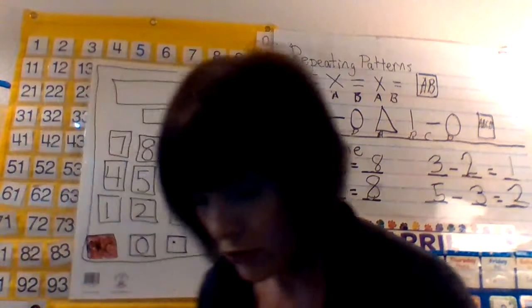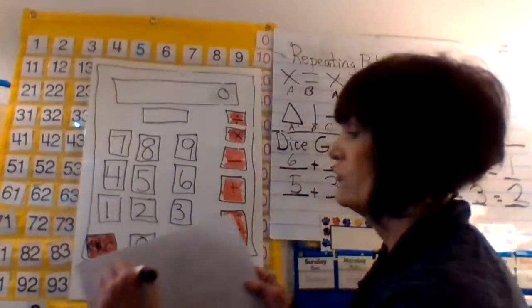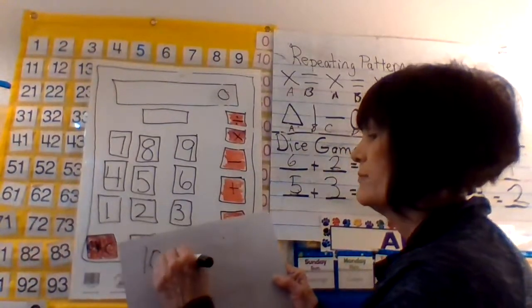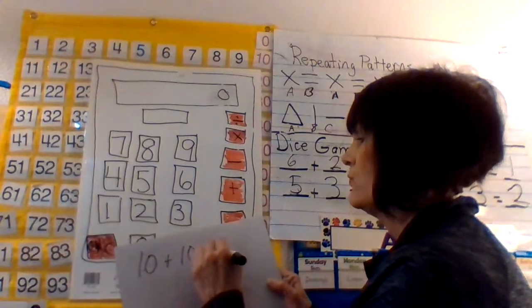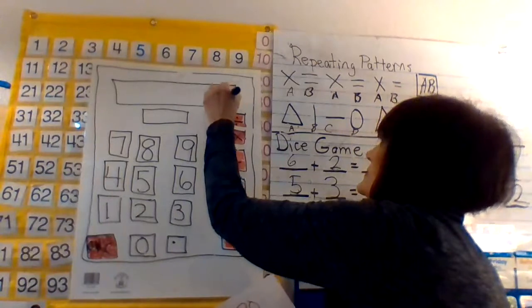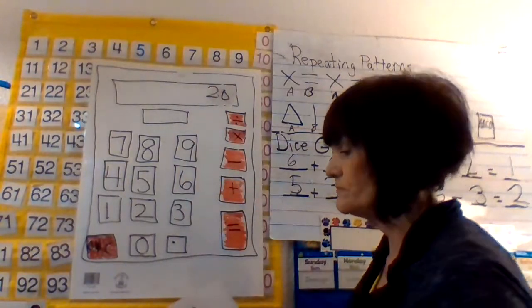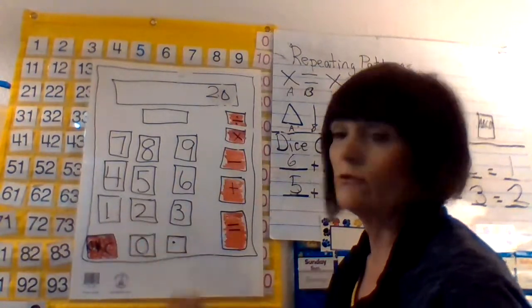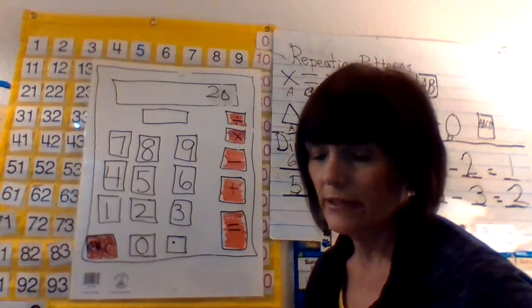You should have a 20 in your display window because you pressed 10 plus 10 equals, and you should have a 20 up there now. We have to push the 1 and the 0 to make a 10 on a calculator.